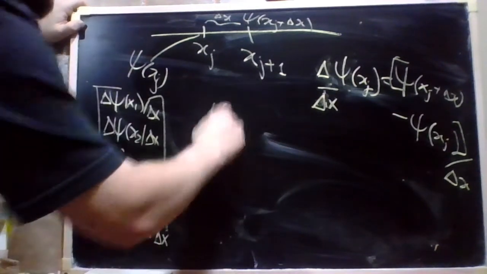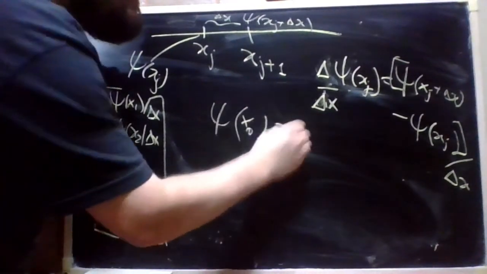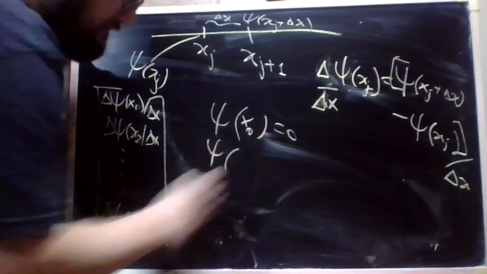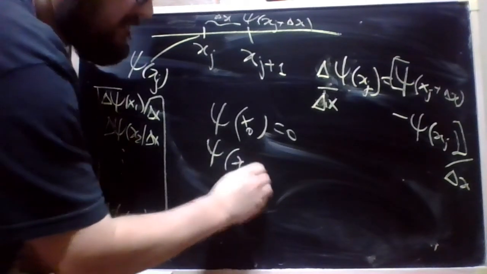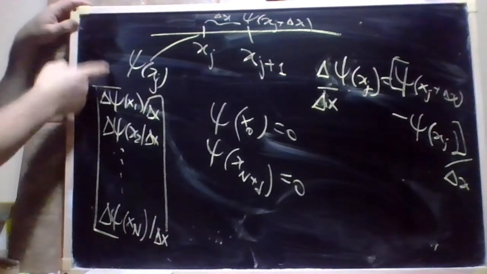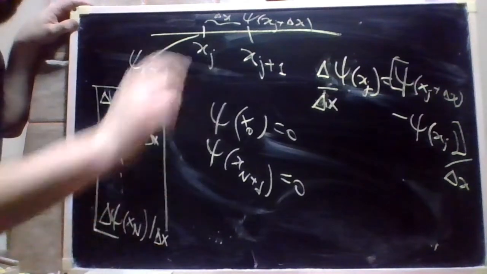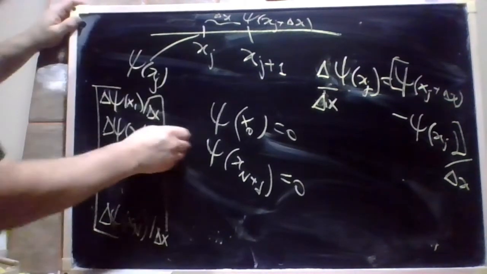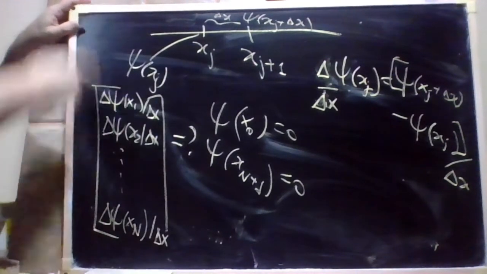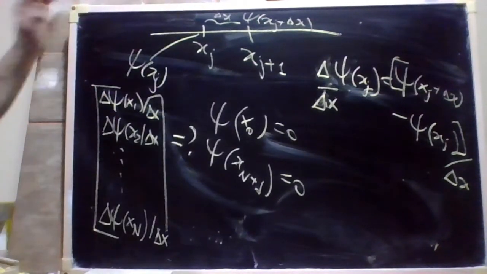Take for simplicity that the point outside the domain is just 0, and therefore, at the end, the point previous to that one and after this one will go to 0. So I want to evaluate the vector corresponding to all the derivatives of the function.